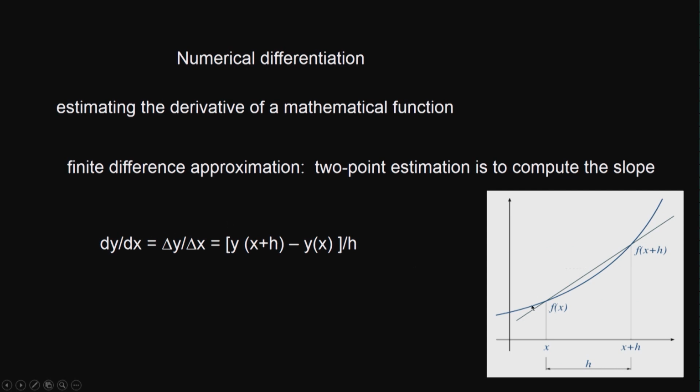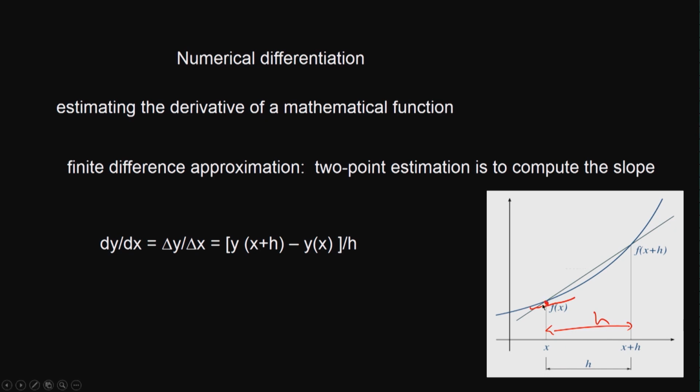As you know, dy by dx is the slope. Actually you would like to do it here, whereas you take the much bigger region. So if the h is small, then you are approximating the exact slope at this point at x.